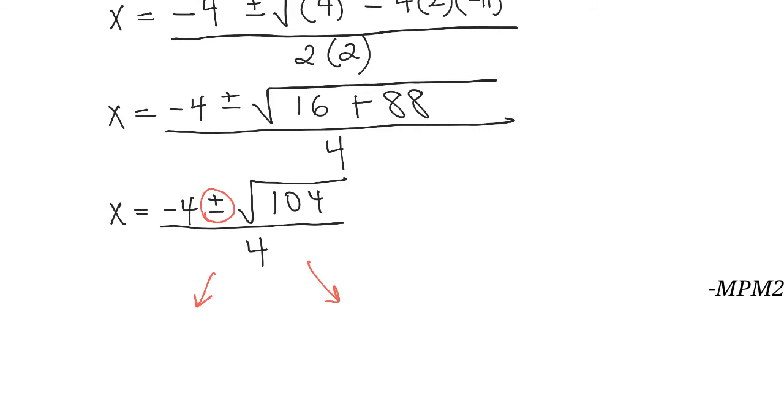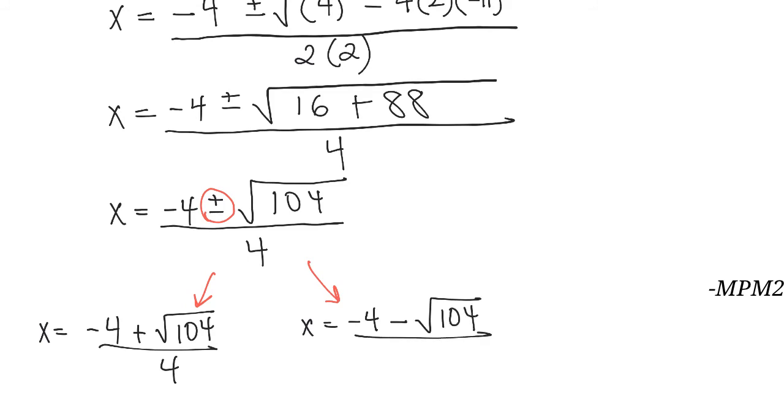We're going to have a version that is negative 4 plus the square root of 104 divided by 4, and we're going to have a version that is negative 4 minus the square root of 104 divided by 4. Remember that quadratic equations typically have 2 possible answers for x. One answer will come from you adding, and one answer will come from you doing a subtraction.